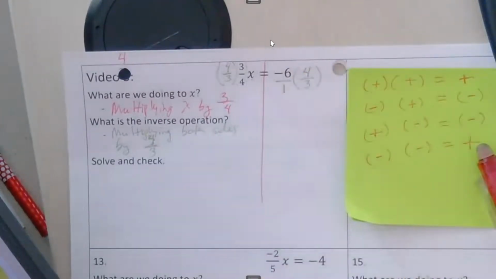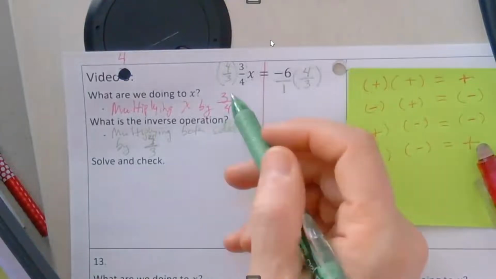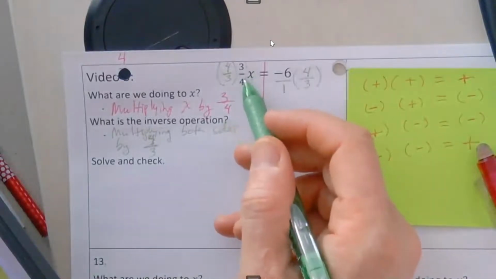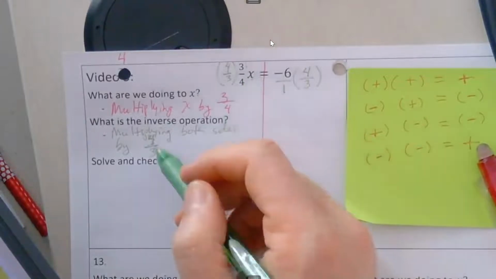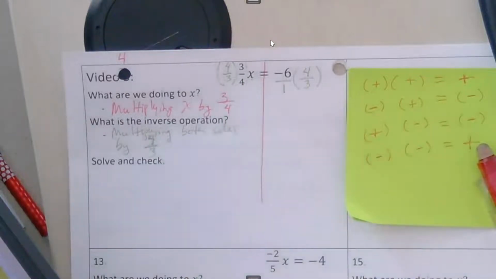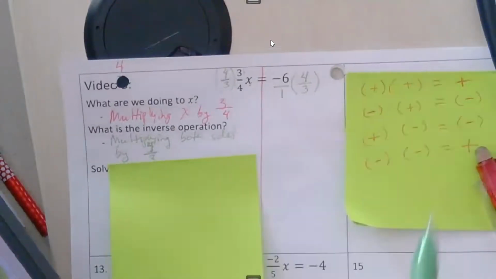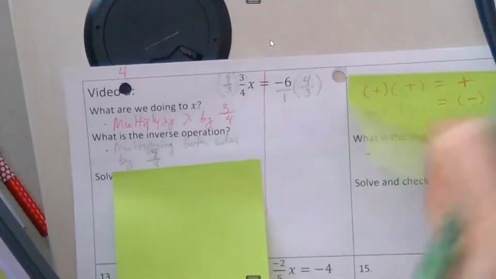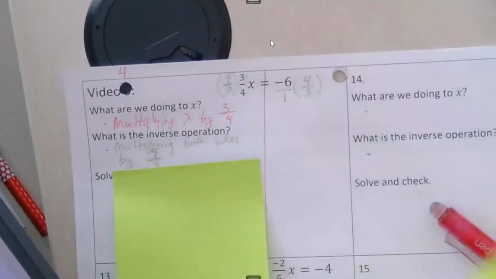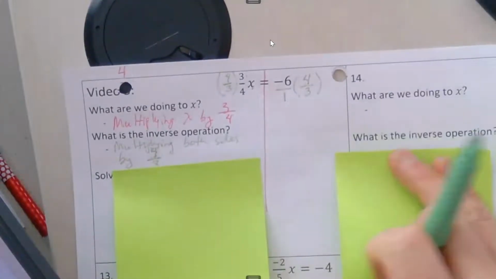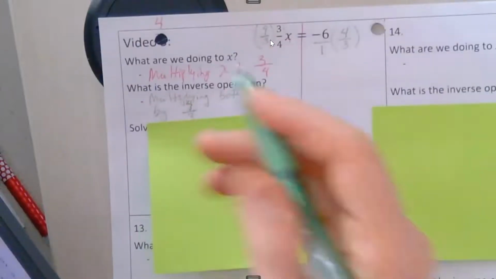Right? Good. So remember, we took the 3/4 and we flipped it over. Now watch what happens when we multiply by the reciprocal. Okay.